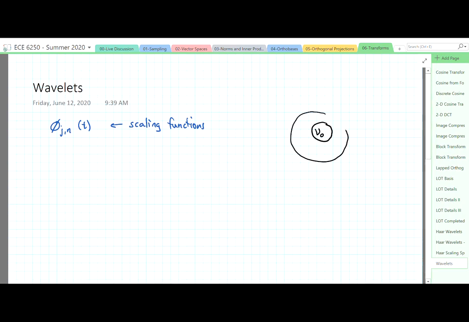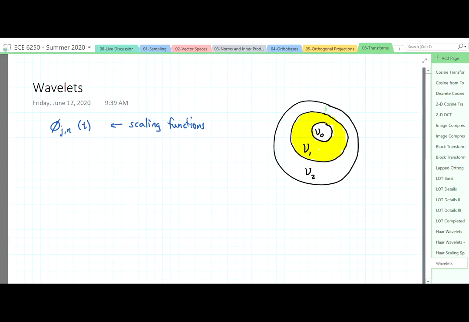We can approximate everything in V0 plus other signals in V1, and the space V2 includes everything in V1 and V0, as well as a new set of functions that are a little bit finer. And you can maybe see where this is going.